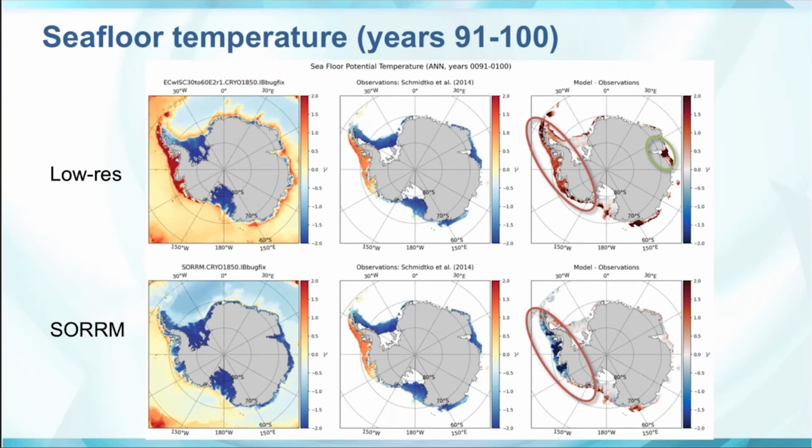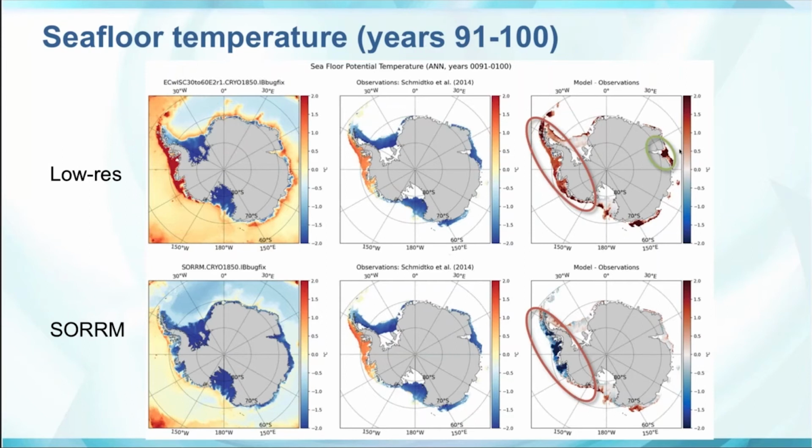And so we go from a slightly warm bias in the low resolution simulation to a very cold bias in the SORM simulation, which was something that I think we were initially not quite expecting. And so this is causing this whole sector of the ice sheet to experience very low melt rates, which is really driving the underestimate of the ice shelf basal melting in the SORM configuration.